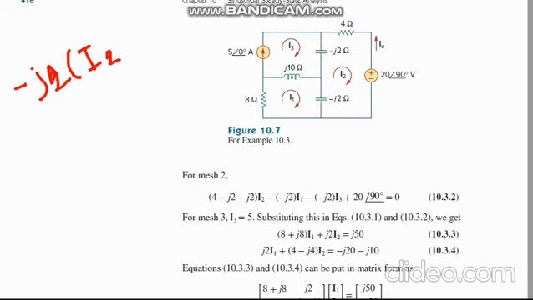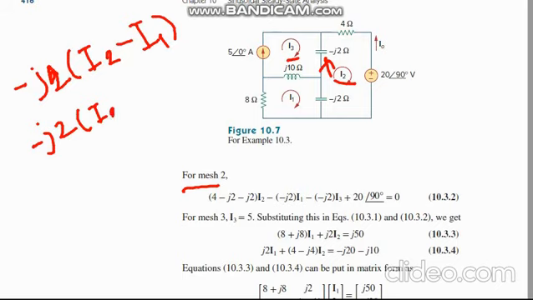Okay, so you can easily write I2, because there is mesh 2. For mesh 2 we are solving, so I2 will be the driving current, I2 minus I1. Then in that direction, same as I2 minus I3, j2 (I2 minus I3), and last of all here the plus 4 I1, and here is the voltage source.